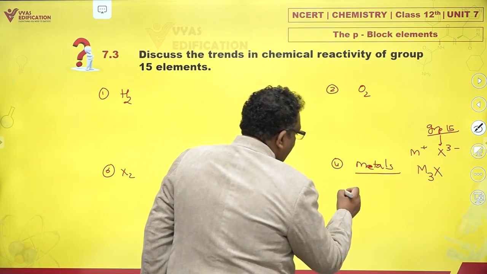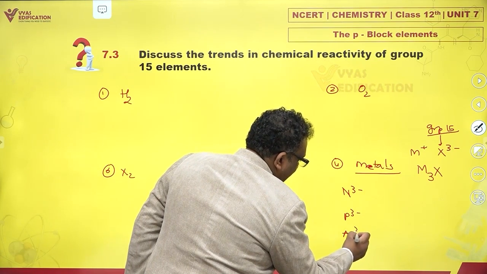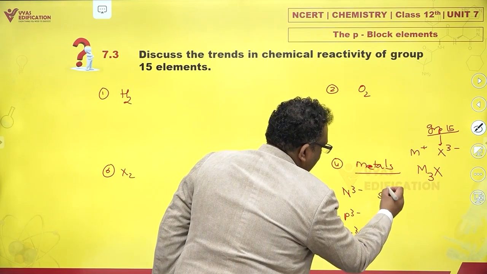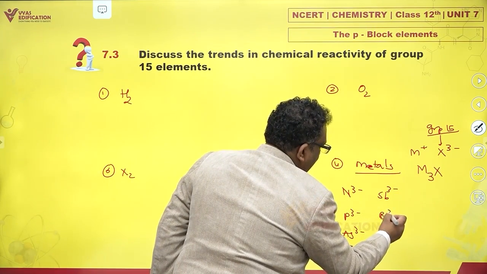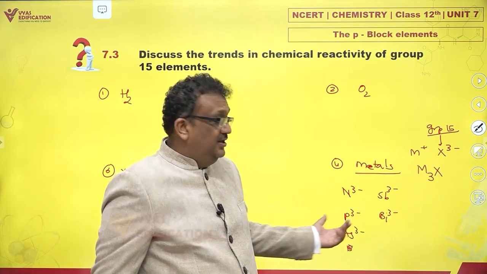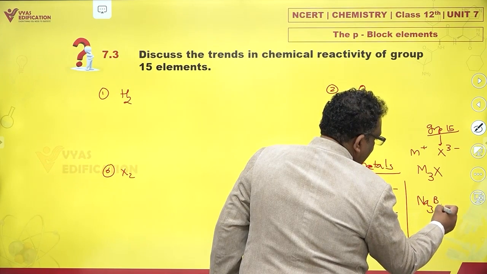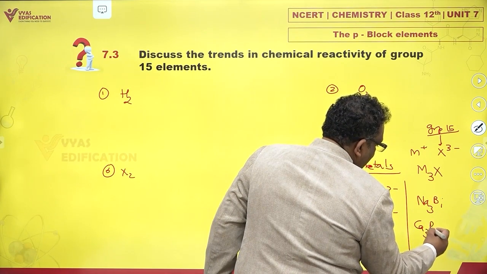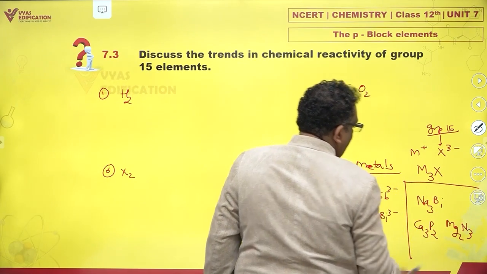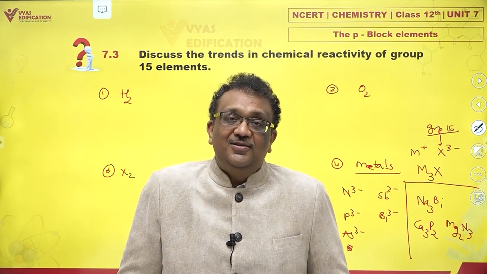Like they form nitride, phosphide, arsenide, antimonide, and even bismuthide. For example, if they react with alkali metals or alkaline earth metals, you get compounds like sodium bismuthide, calcium phosphide, magnesium nitride, such things are possible. So typically they form a -3 anion when they react.